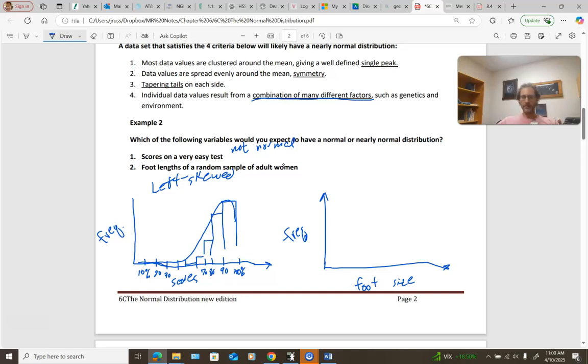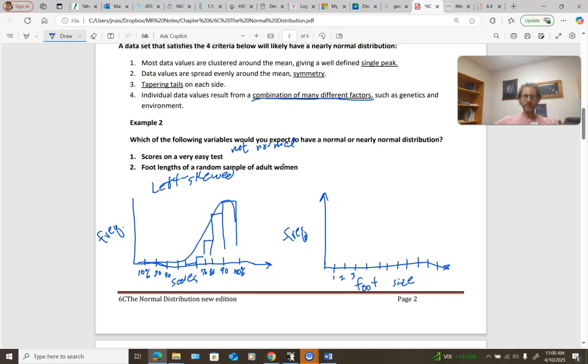So I guess we'll just do something like this. We'll calibrate this in inches. So 1 inch, you probably have nobody there, nobody at 2 inches, 3 inches. In fact, you probably wouldn't even start it down here.